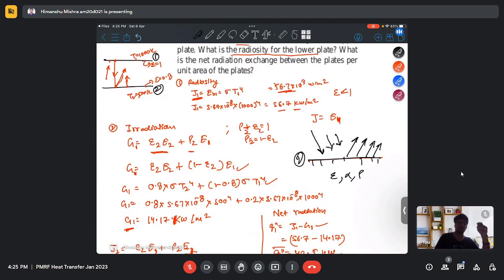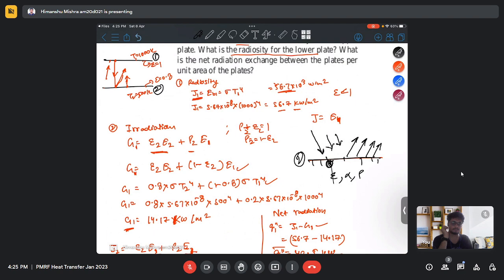For radiosity, we don't need that. We don't need the absorption of radiation because we are calculating the outgoing radiation. It has nothing to do with the absorption. We only need to consider the reflective part. No, I am talking about transmissivity, not absorption. That is the same, right? I mean, whatever radiation is absorbed, it will transmit, right?